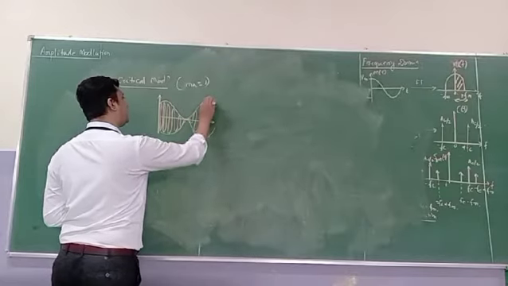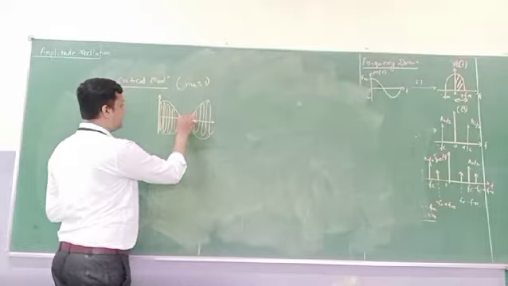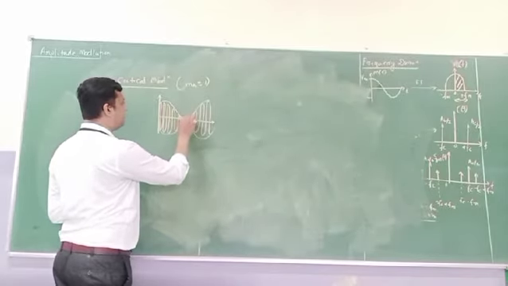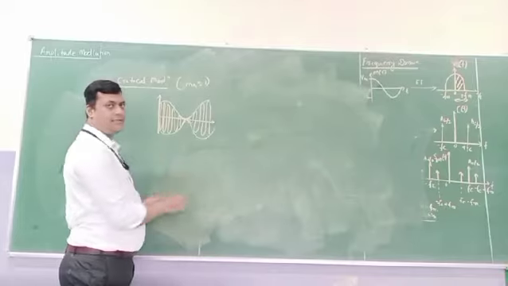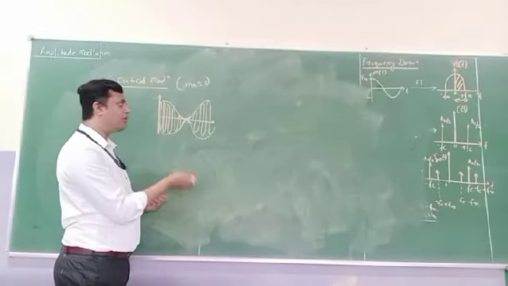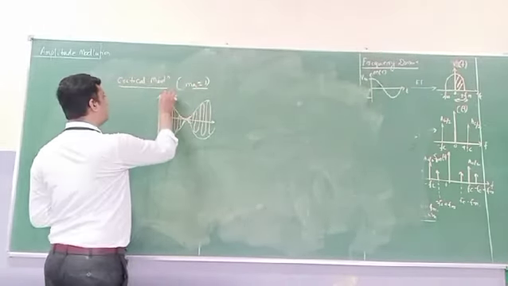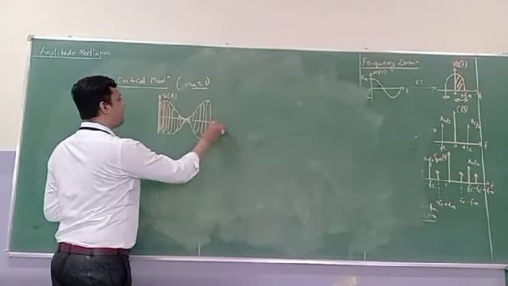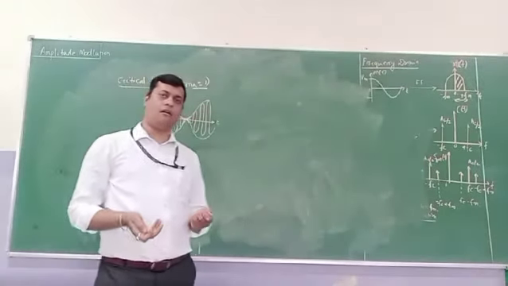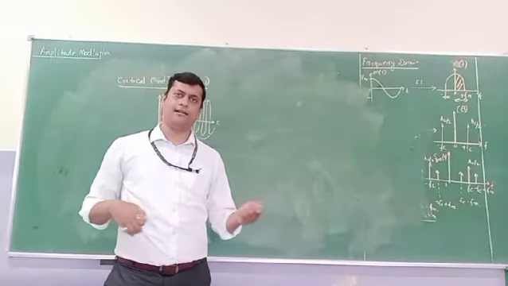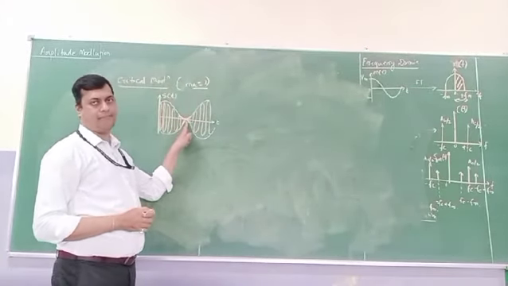The frequency remains constant, and the upper lobe touches the lower lobe at the zero crossing point. This sort of figure will come out if the modulation index is 1. In this case, the amplitude of the modulating signal and the amplitude of the carrier signal are both the same, due to which critical modulation happens.